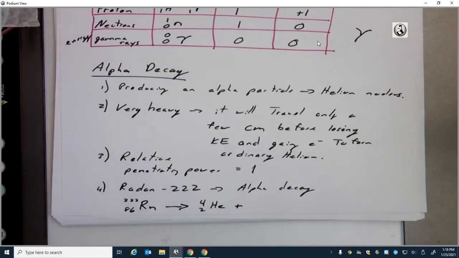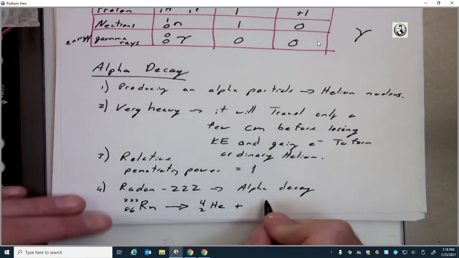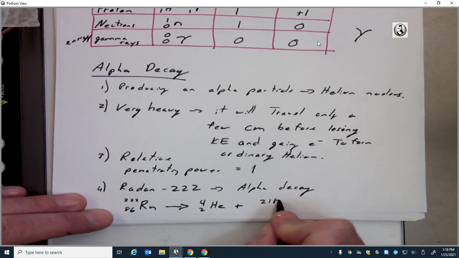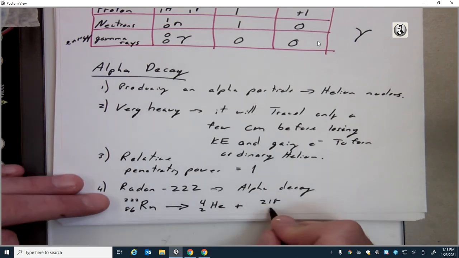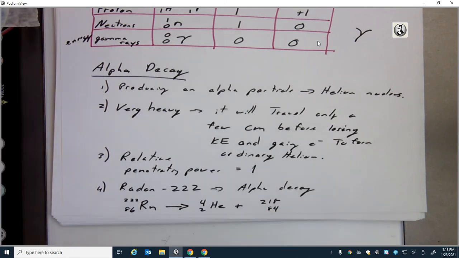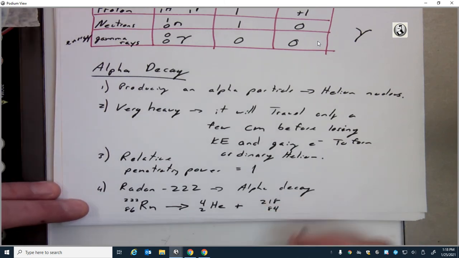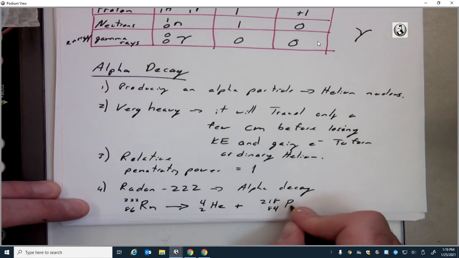So how do I come up with the daughter material, what it turns into? Well, we're just going to subtract. 222 minus 4 is 218. 86 minus 2 is 84. If I look up 84 on the periodic table, it's polonium.